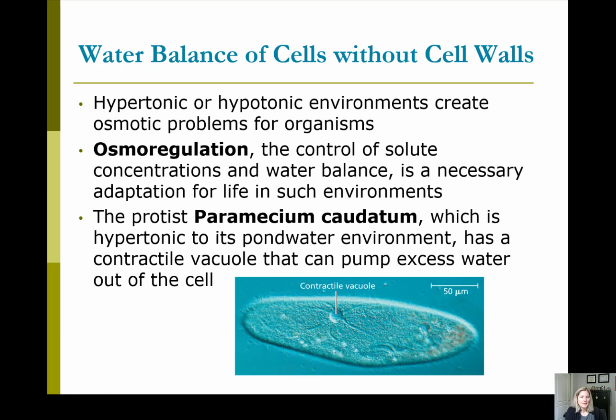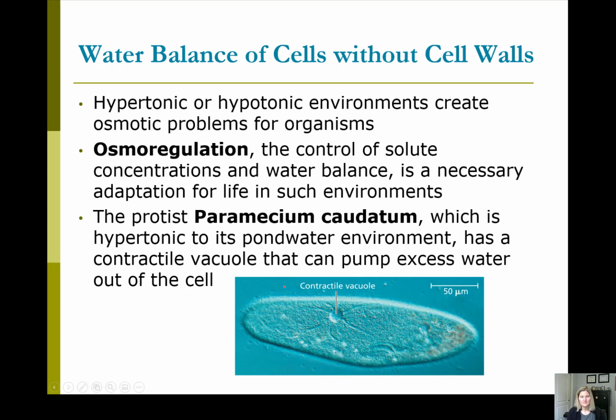Now we talked about how animal cells can crenate or lyse, and plant cells can have that turgid versus flaccid versus plasmolysis outcome. Unicellular protists actually have what's called a contractile vacuole. We talked about vacuoles before, last week.